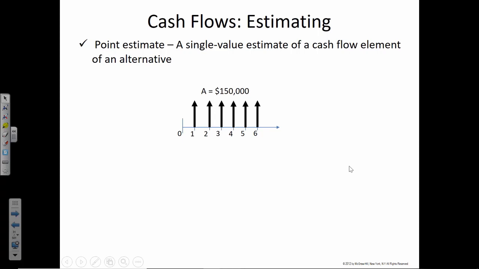And so this cash flow diagram is saying that each year you have an annual revenue of $150,000. Now, there are certain things that you can predict with absolute guarantee that it's going to be that way, and sometimes there's a lot more risk that the amount could be lower or maybe higher than you expect.